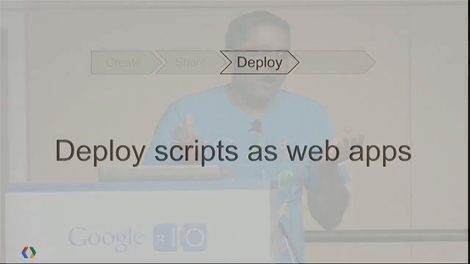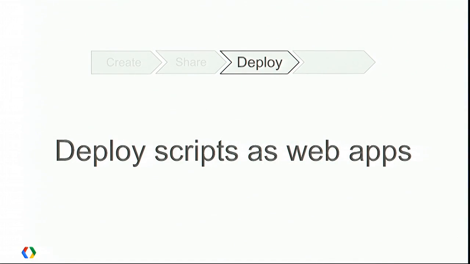So assuming all the code is done, we have glued together everything, then we need to be able to deploy our script as a web app. Now, that's the third part of our story, which is we want to make it easy for you to create script projects, share them, organize your code, and then be able to deploy them as web apps.